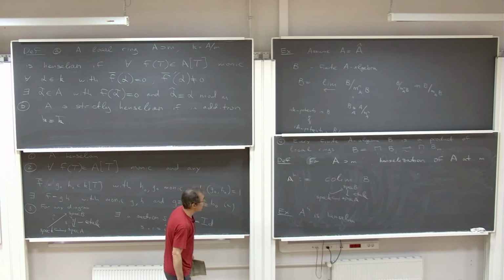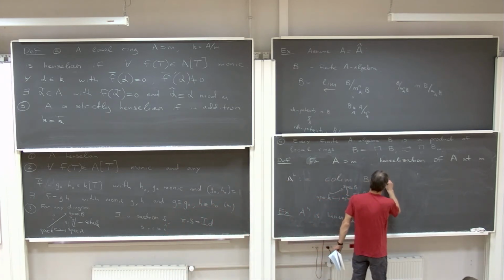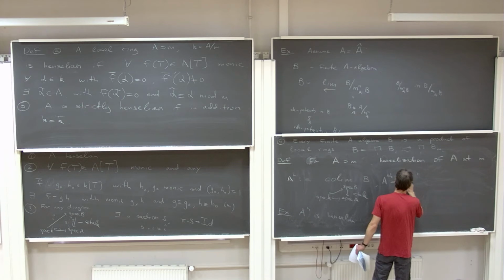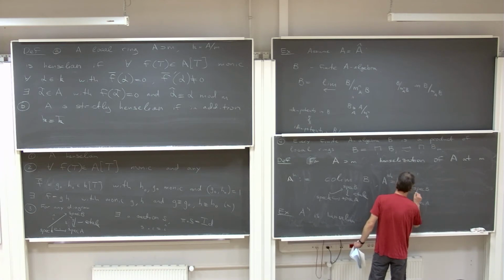And you can also define the strict Henselization, A strict H, and this is also a colimit now of the following diagram: Spec B, Spec A, and this is Spec K bar, this is étale.